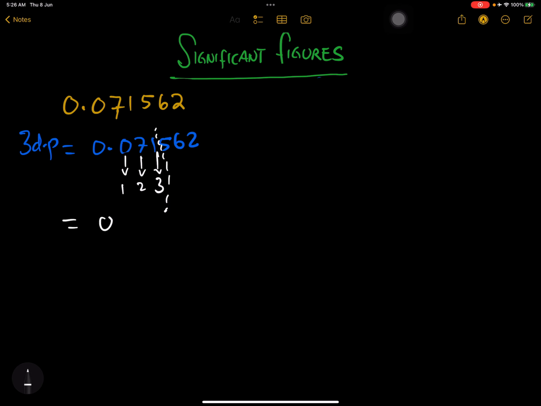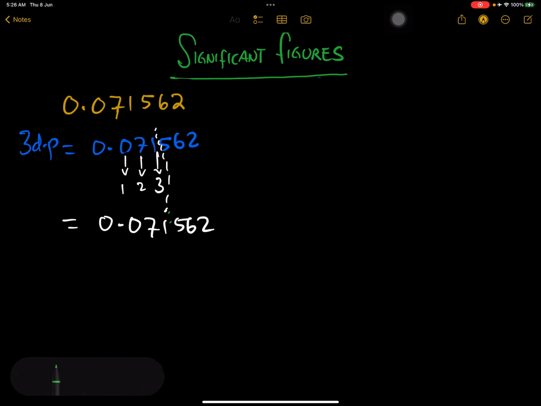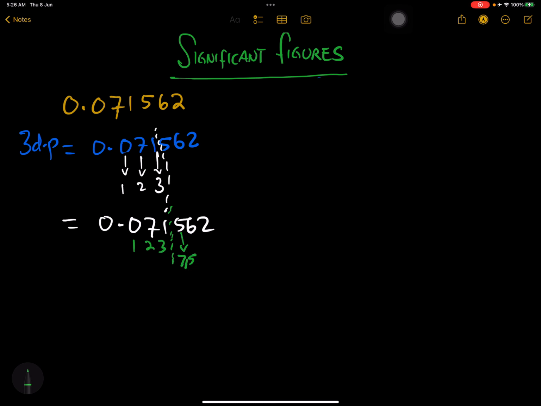So we're going to have 0.071562, with a dotted line right there, because this is 1, this is 2, this is 3. Now, this 5 is greater than or equal to 5, so we're going to add 1 here. And we get 0.072. And this is in 3 decimal places.